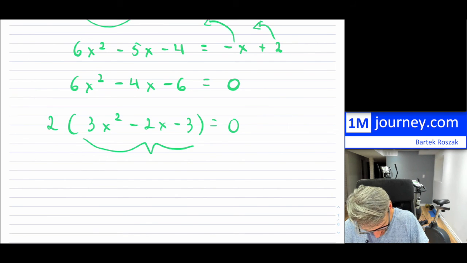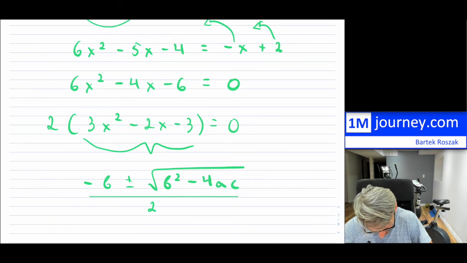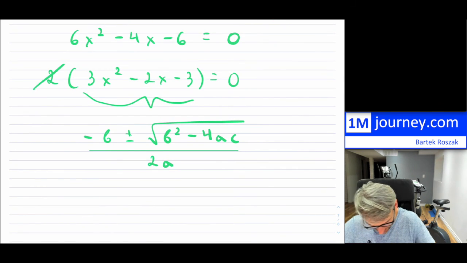Okay, so let's do it. So negative b plus minus the square root of b squared minus 4ac, divided by 2a. Okay, so this 2 I can get rid of entirely.